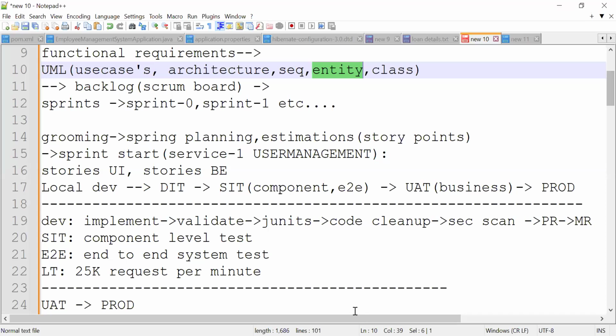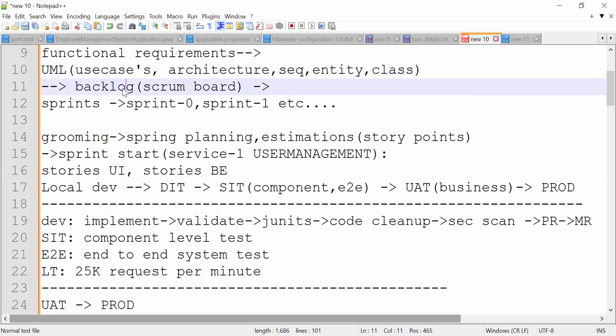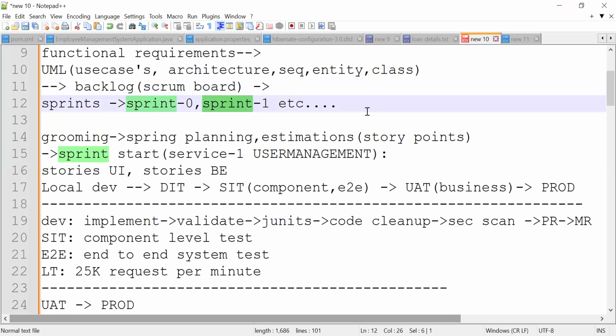That style of development is not happening. People worry less about use cases and architecture. If they get a very high-level initial architecture, they directly give backlog stories and start with the implementation. During implementation, if they learn new things, they adopt them.